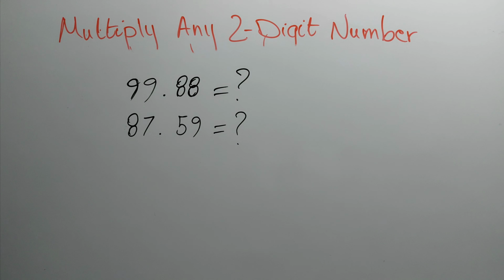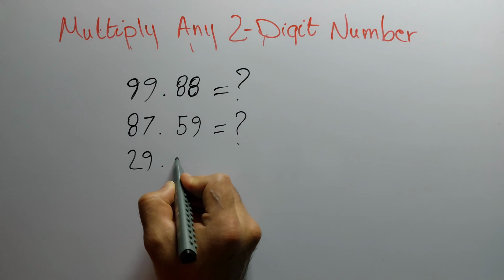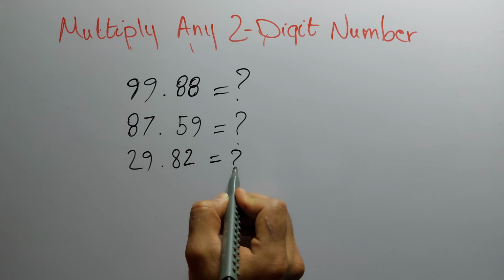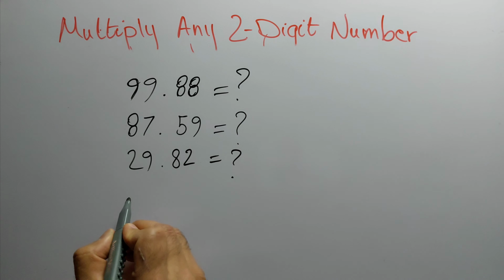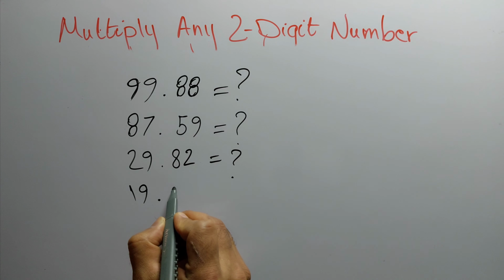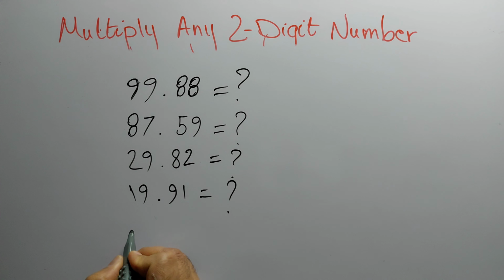Another one under 10 seconds. Another one is 29 times 82. Another one is 19 times 91. Another one, so just 5 ones I think are enough.